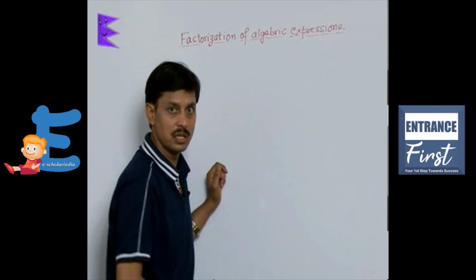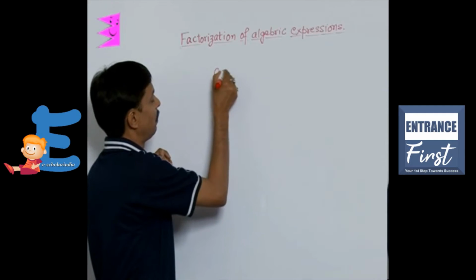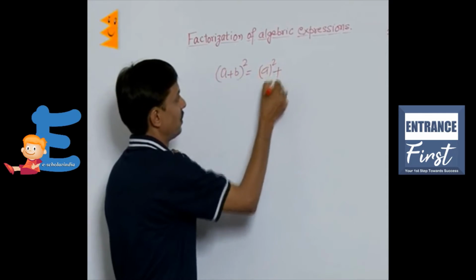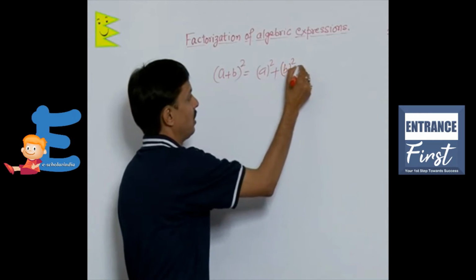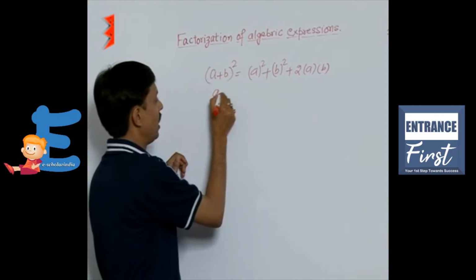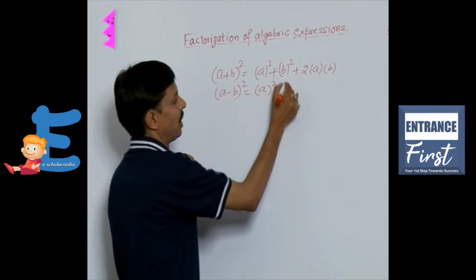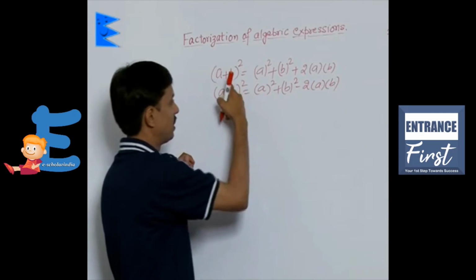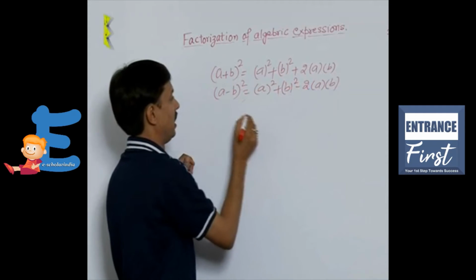The first one is the basic identity. (a + b) whole square is equal to a square, that is first term whole square, plus b square plus twice of first into second. (a - b) whole square is equal to a square plus b square minus twice of a into b. The difference is only here, where 2ab is plus and 2ab is minus.